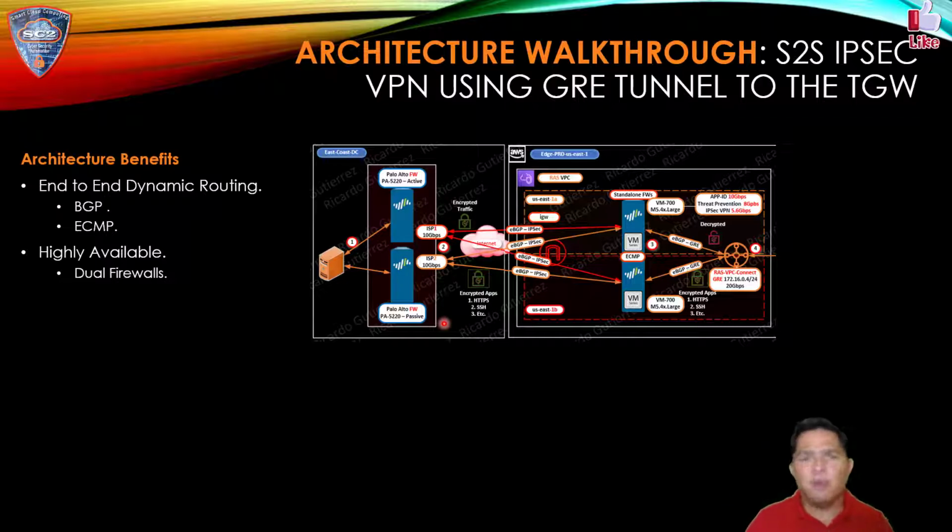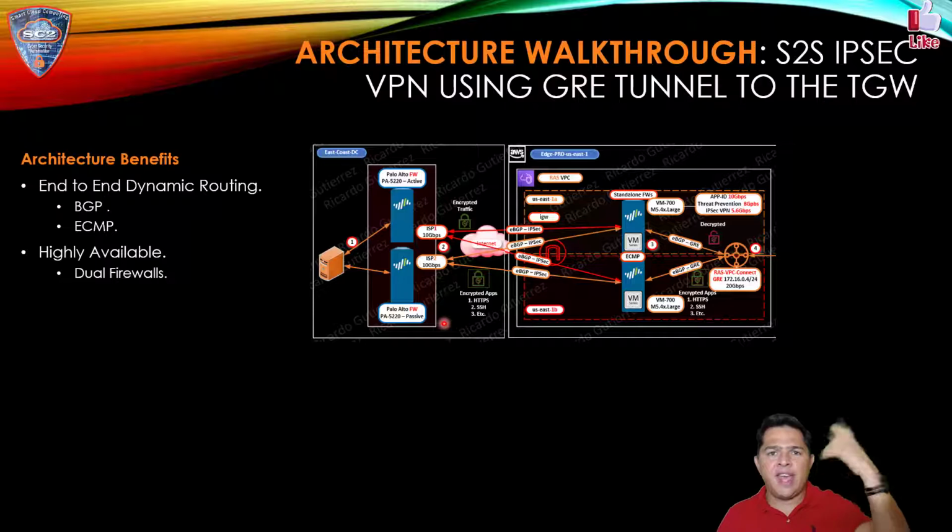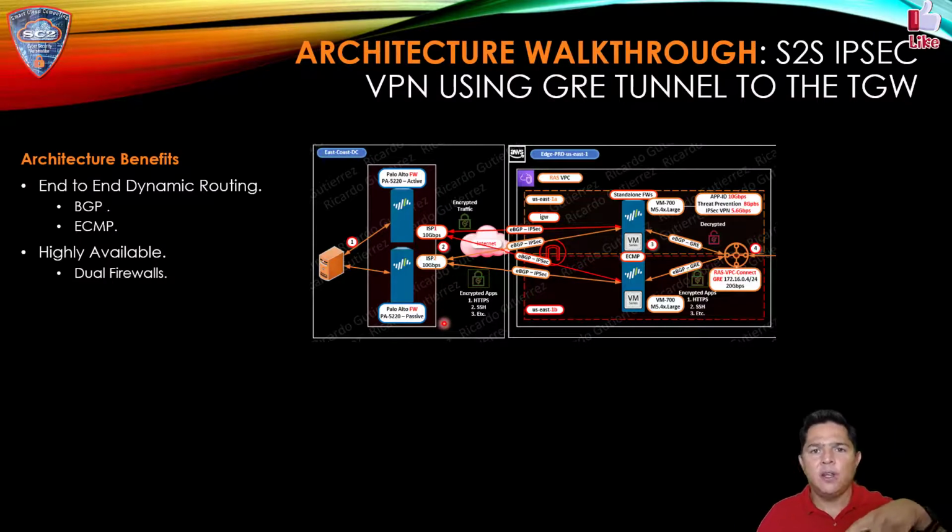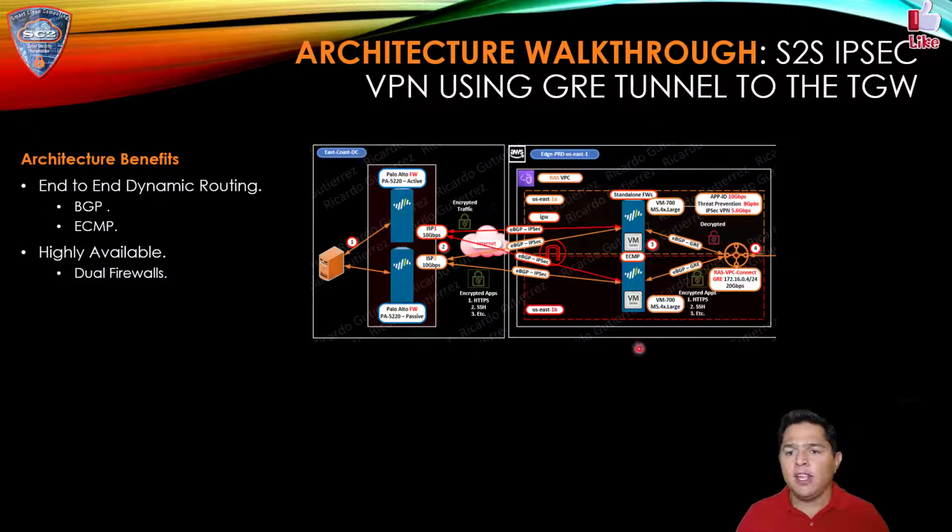So if you're not familiar with how Palo Alto works, this means that one of the firewalls is actively forwarding and inspecting packets while the other one is on standby. So if the active firewall fails, then the other one, or the passive one, takes over. In AWS, we will have two firewalls as well. These are standalone firewalls, so that means that both firewalls are actively routing packets.